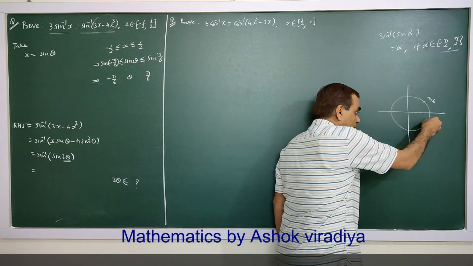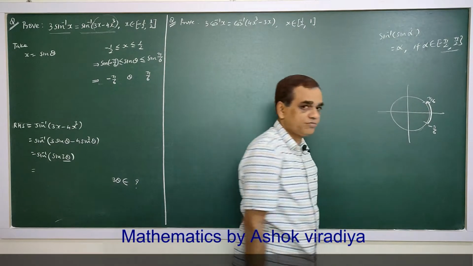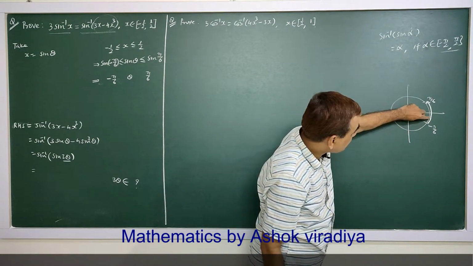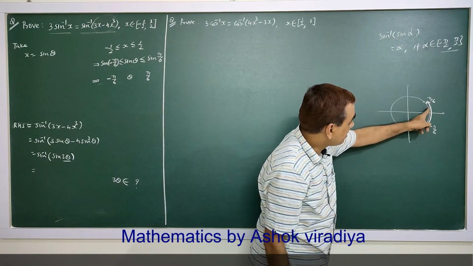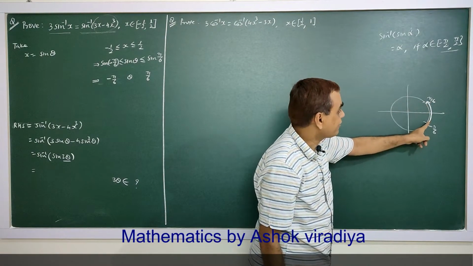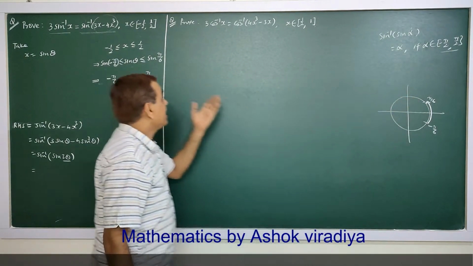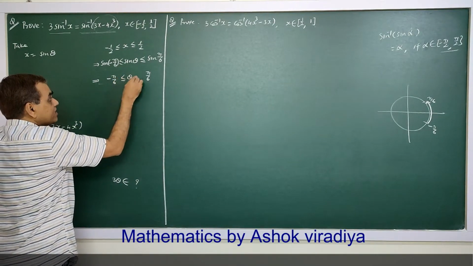In this interval, sine is an increasing function. When theta changes values from minus pi by 6 to pi by 6, the y coordinate of every point on this circle is going up. So sine is increasing, and when we remove an increasing function, the sign of the inequality remains unchanged.